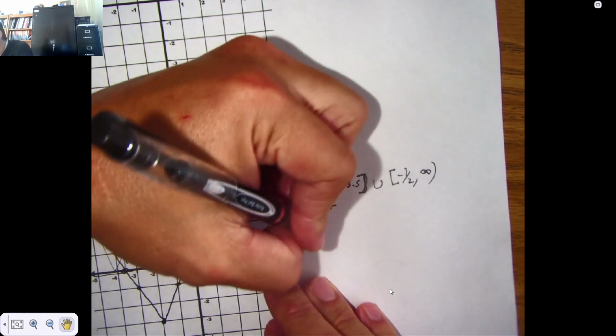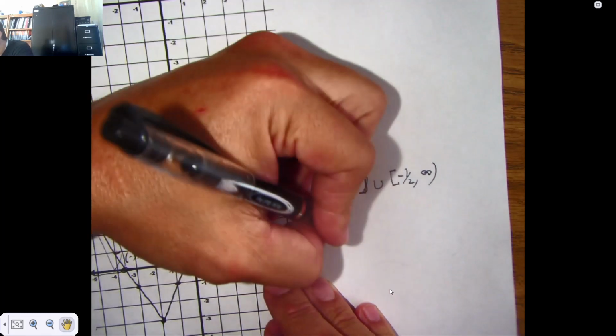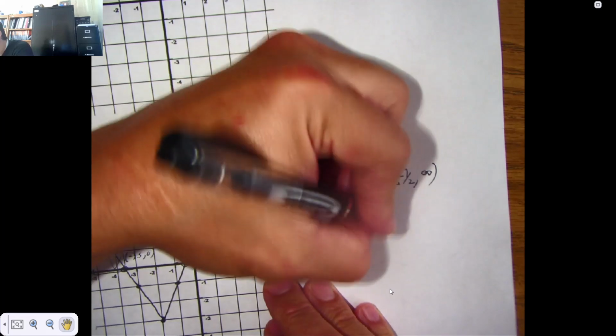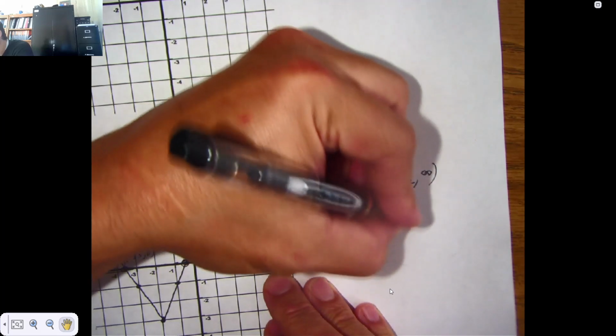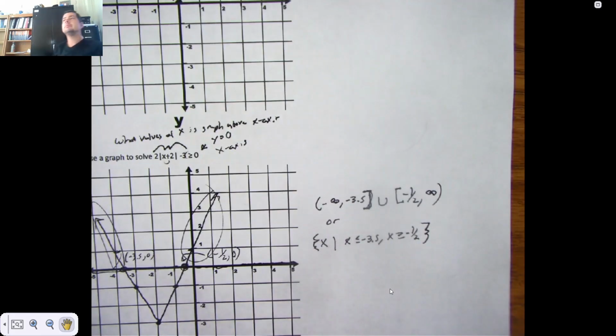Or it could be written out such all values of x such that x is less than or equal to -3.5 or x is greater than or equal to -1/2. Doesn't really matter how you write it. That's 18. And there's only 2 left.